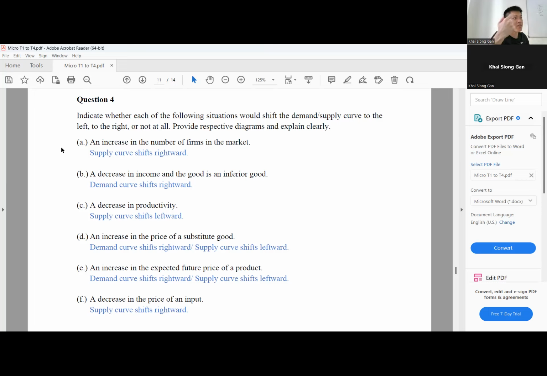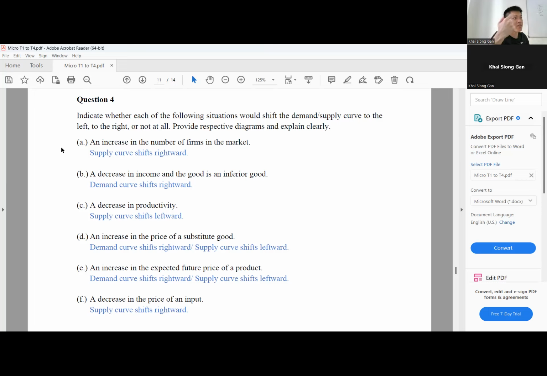Okay, moving on to the next one. We talk about supply. It can affect supply as well. For example, you are looking into two products, corn and wheat. When the price of corn has increased, do you want to supply more corn?